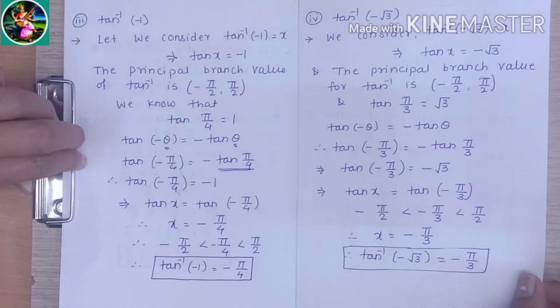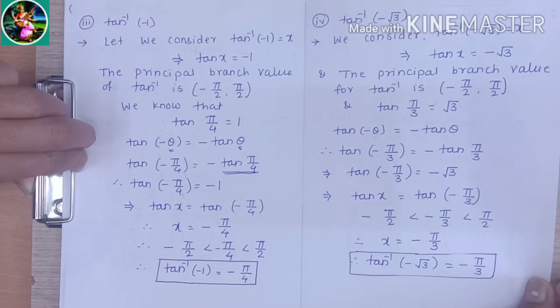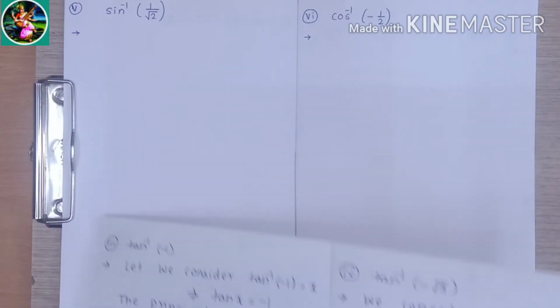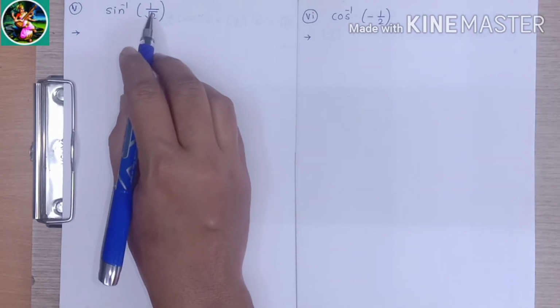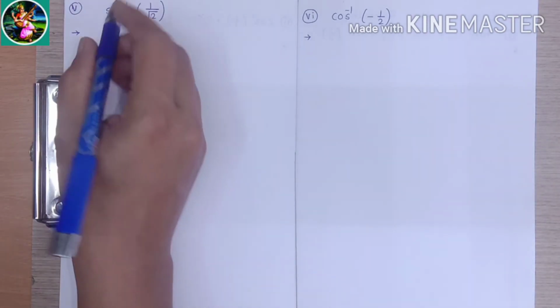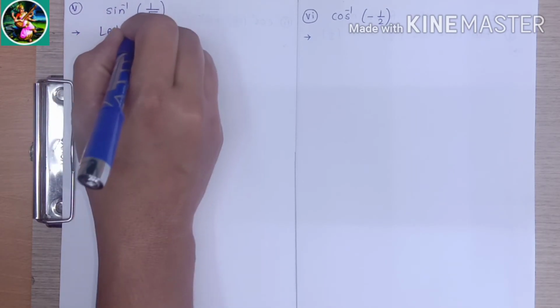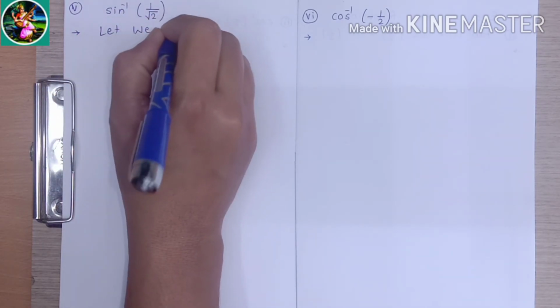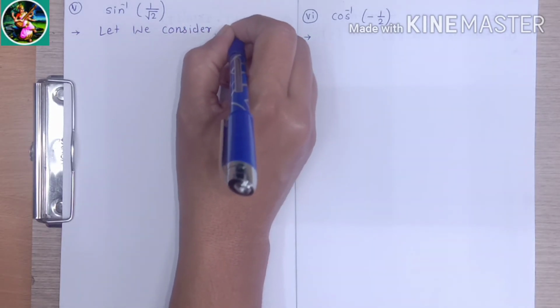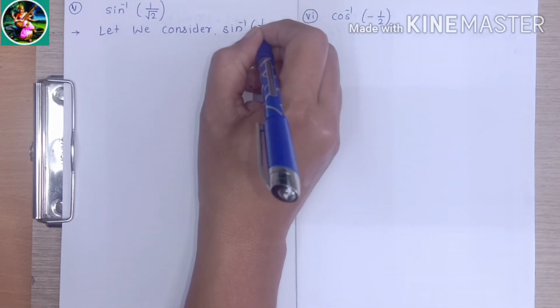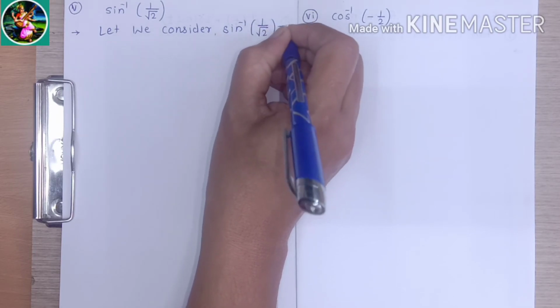Now we are going to solve the next example, that is sine inverse of 1 upon root 2. Let me consider sine inverse of 1 upon root 2 is equal to x.